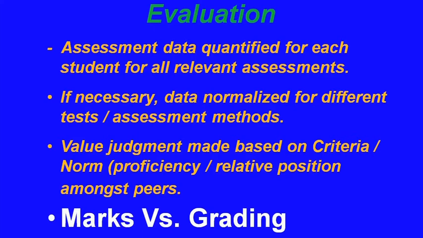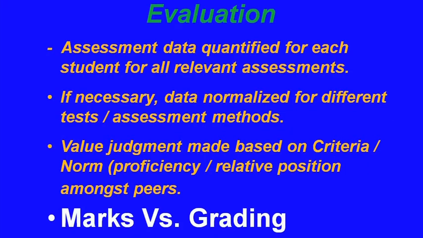Finally, when you give marks, we can evaluate on the basis of criteria or norm referenced, relative position amongst peers. That means our purpose could be that the marks should differentiate between the ranking of the students.